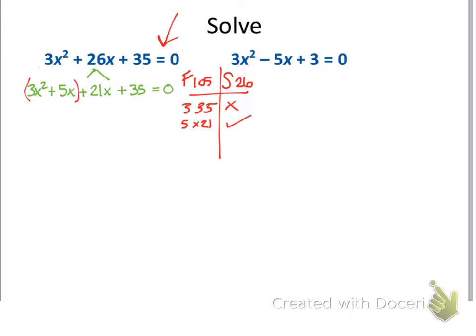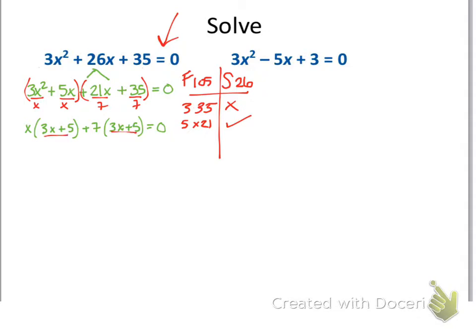Now we factor by grouping. I'm going to divide by an x, and I'm going to divide by a 7. So that gives me x(3x plus 5) plus 7(3x plus 5) equals 0.